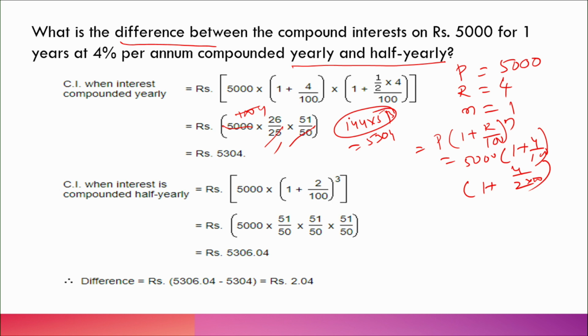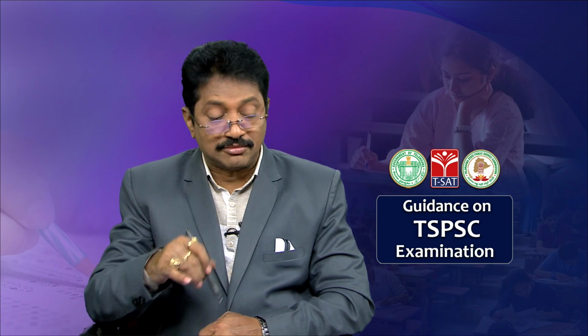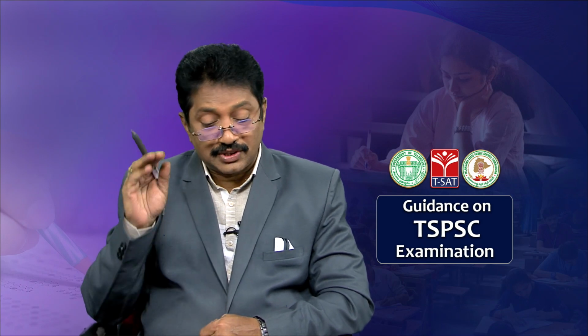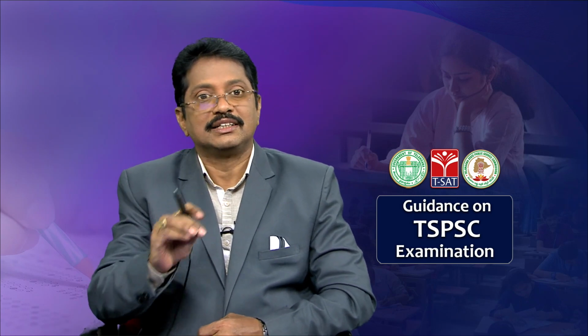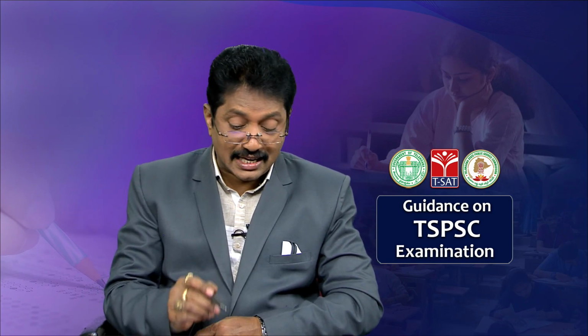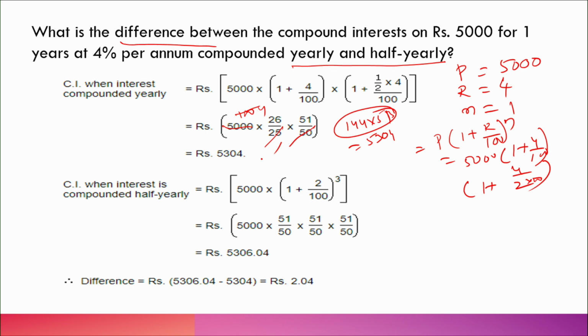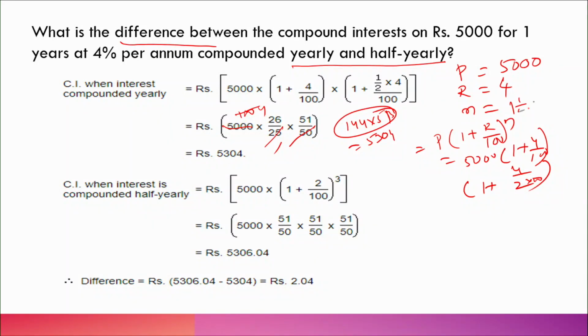When you calculate the compound interest per annum or yearly for 1.5 years, that is very important here, you have to calculate for 1.5 years, that is 5,304. If the compound interest is calculated half yearly, what is the total period here? n is equal to 1.5 years.